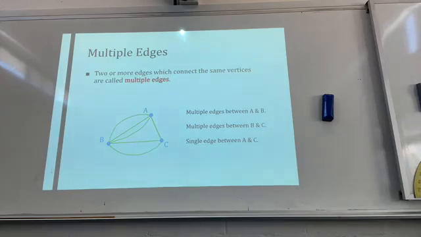There are 3 ways you can travel from A to B. You've got multiple edges between B and C. You can travel 2 ways, B to C. And single edge between A and C. All right? So think about how many edges going in. Anything more than 1 is multiple edges. All right, let's go to the next one.